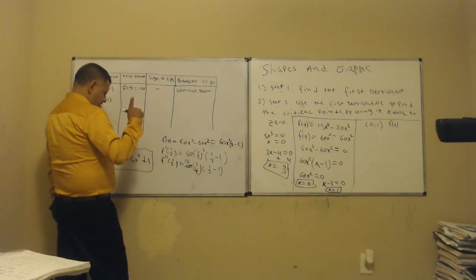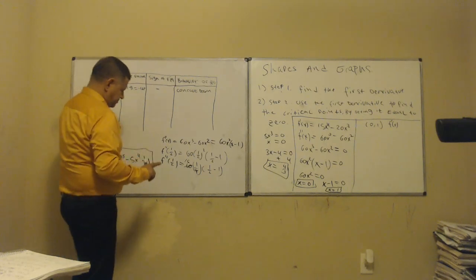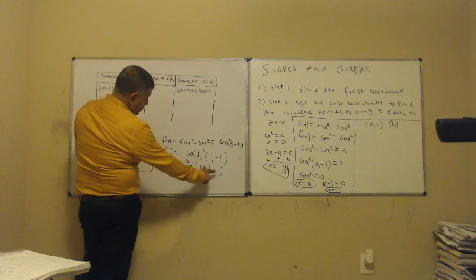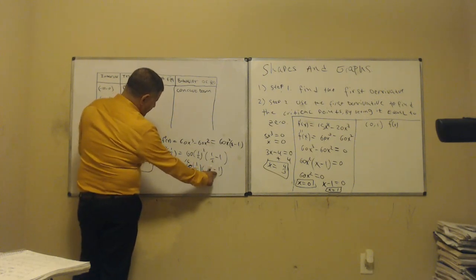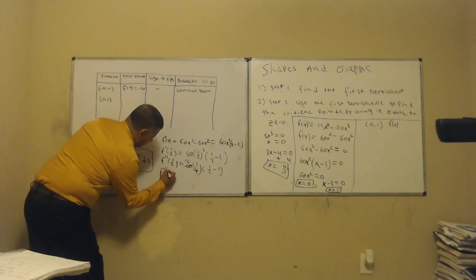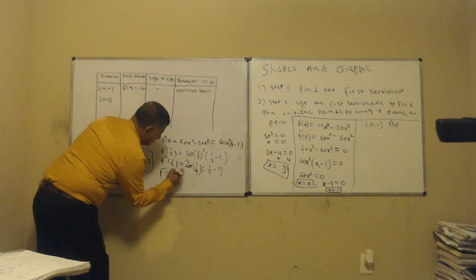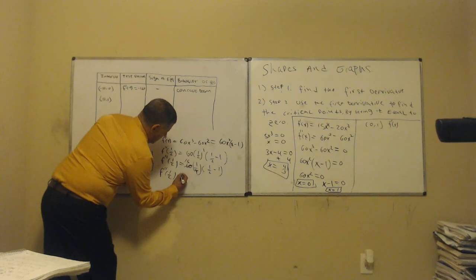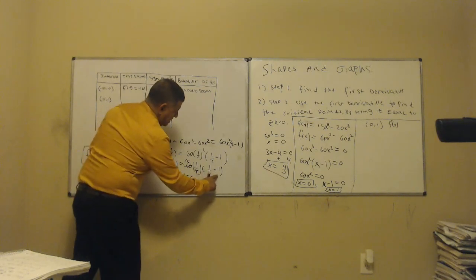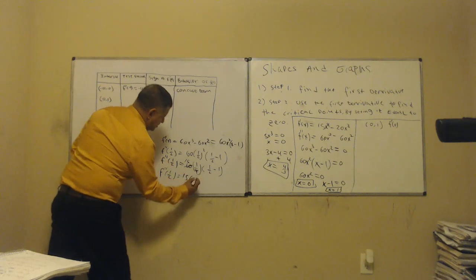Now, let's do something over here. So now we do f double prime of 1/2, right? So now we have 15, and over here we do parentheses first, right?